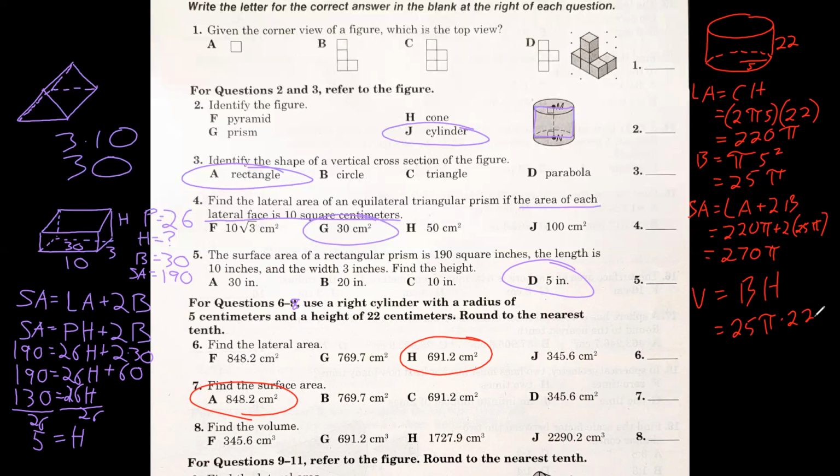So 25 times 22, that's going to be 550, I believe, pi. And then that times 3.14, multiply that out, that is going to be 1,727. Again, take that times 3, it's close.